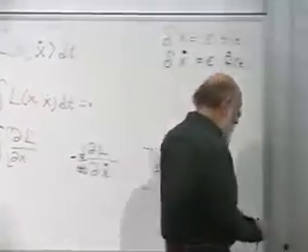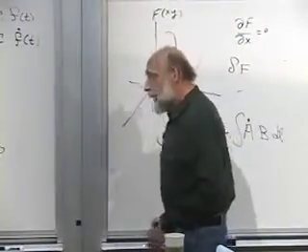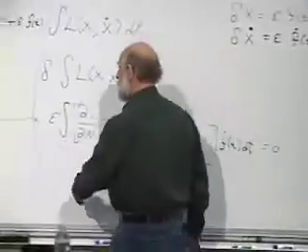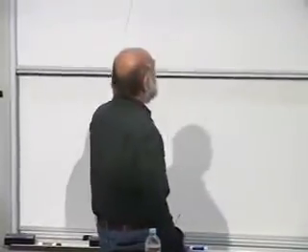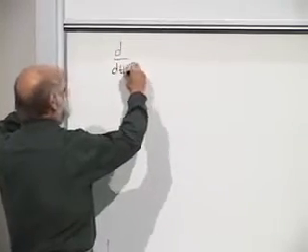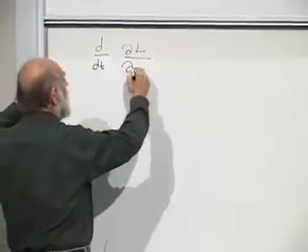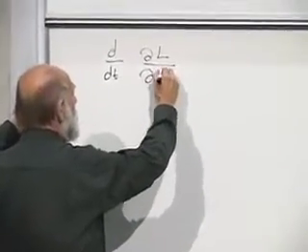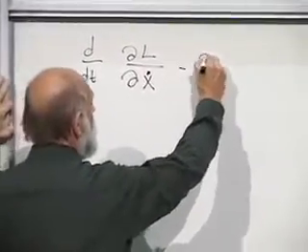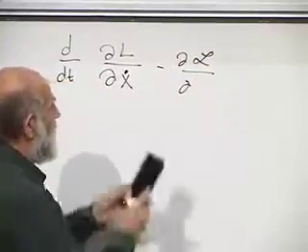That's the Euler-Lagrange equations. That's the derivation of the Euler-Lagrange equations. Let's write them down. d by dt of the derivative of the Lagrangian with respect to x dot minus the derivative of the Lagrangian with respect to x. Let's use the same symbol here.